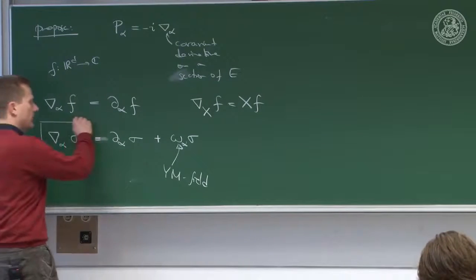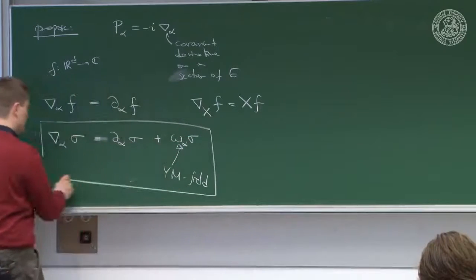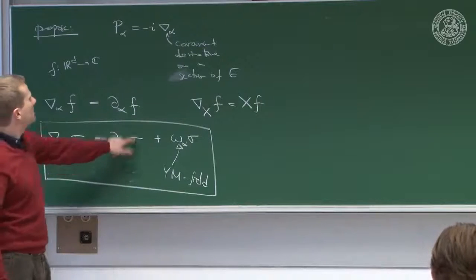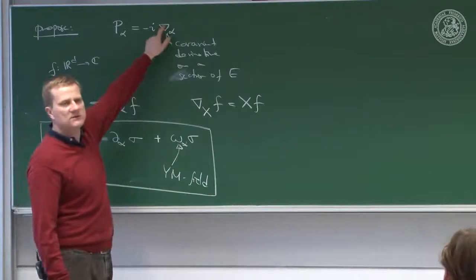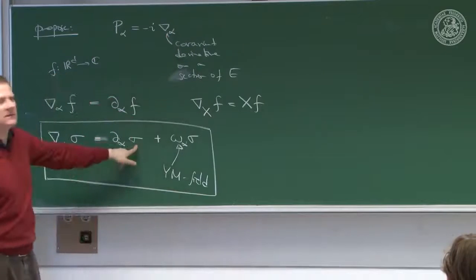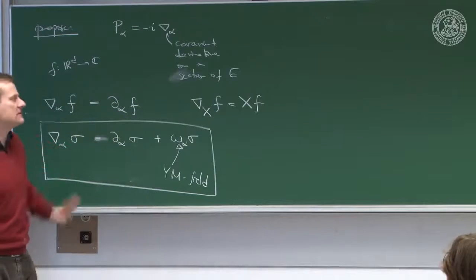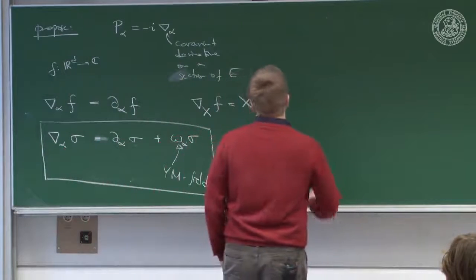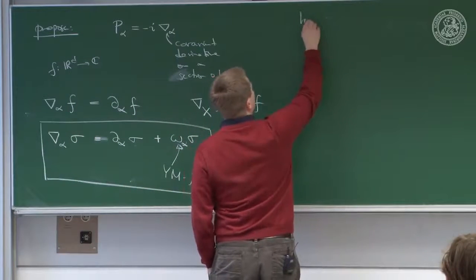And so what we're going to do, or trying to do, is we assume that this derivative here is not a partial derivative acting on a function, but a covariant derivative acting on a section of a C-line bundle. Okay, so how far do we get with this idea?